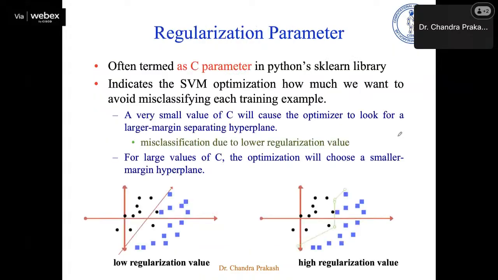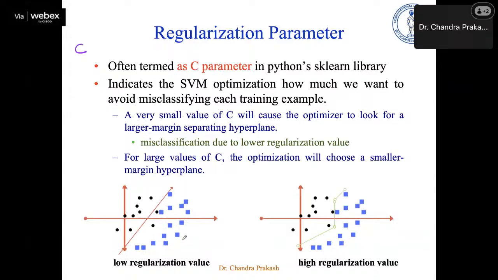The kernels we discussed are of different types. Another parameter is the regularization parameter. In Python, it is commonly represented as C. It indicates to the SVM optimization how much we want to avoid misclassification in the training examples. Now let's say over here, this is a low regularization value and this is a high regularization value.